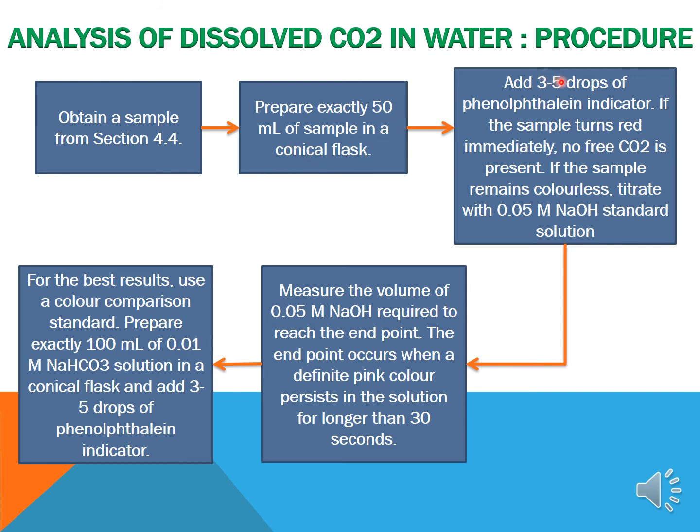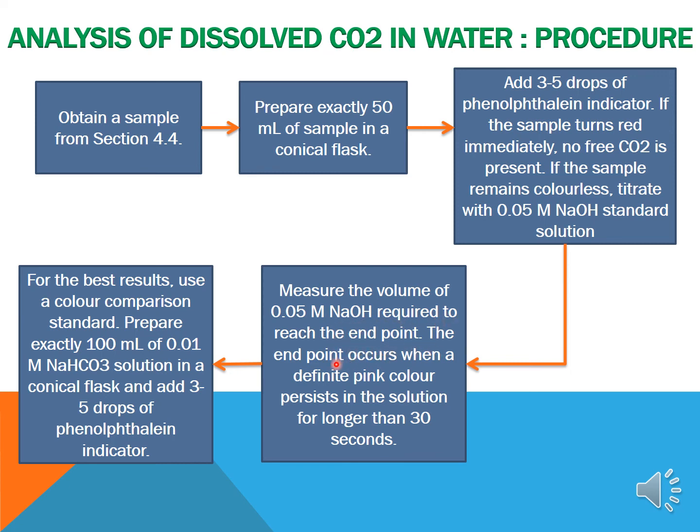Add 3 to 5 drops of phenolphthalein indicator. If the sample turns red immediately, no free carbon dioxide is present. If the sample remains colorless, titrate with 0.05 mole sodium hydroxide standard solution. Then, measure the volume of 0.05 mole sodium hydroxide required to reach the endpoint.